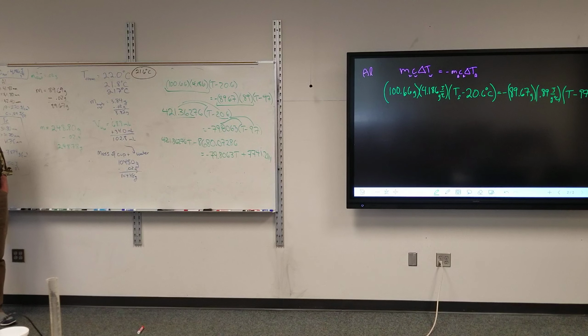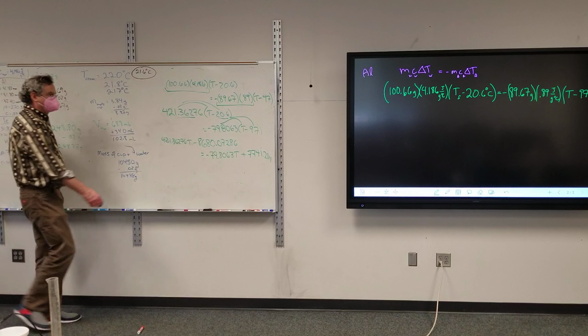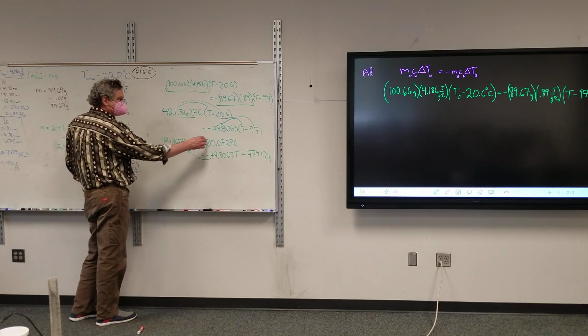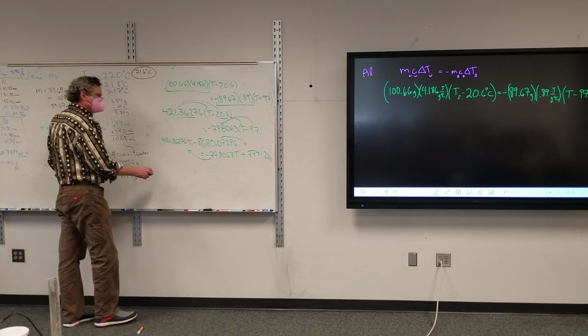So now I've got an algebra problem, so let's get all the T's on one side and the constants on another. So I'll add this to both sides and then I'll add that to both sides.